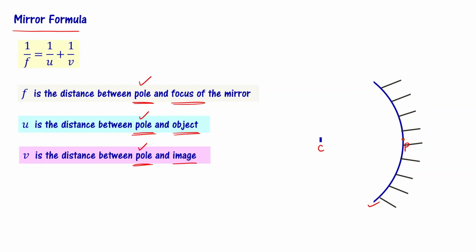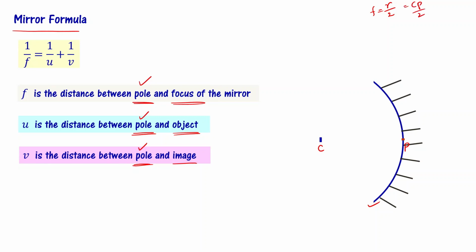Okay, and focal length is radius divided by 2. That is the definition given for spherical mirrors. Focal length is radius divided by 2. The distance between C and P is the radius.